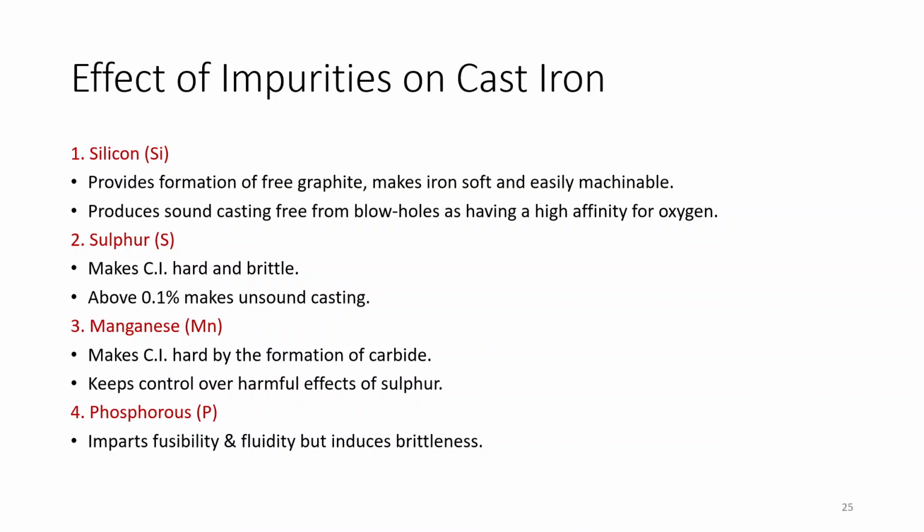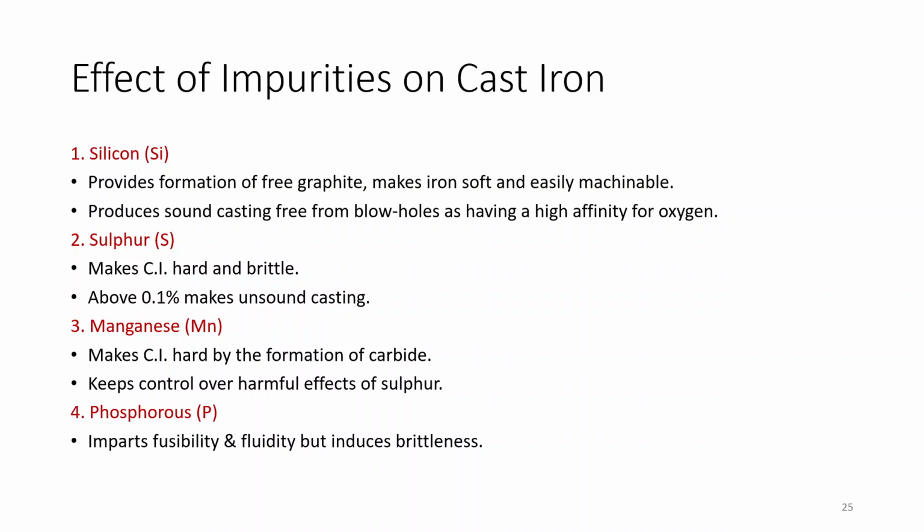Next is manganese. It makes cast iron hard by forming carbides. So if manganese is present, then carbides are more likely to form. It keeps control over the harmful effects of sulfur. In the case of steel also, I told you earlier that manganese and sulfur form manganese sulfide, and it's more likely that sulfur is in this form, because if sulfur is in any other form such as iron sulfide, it's more harmful; manganese sulfide is less harmful.